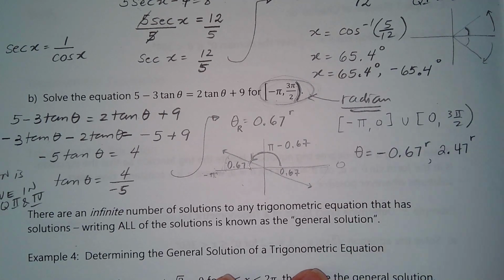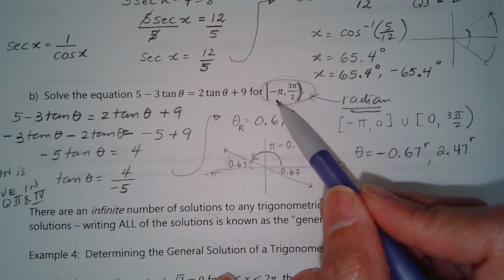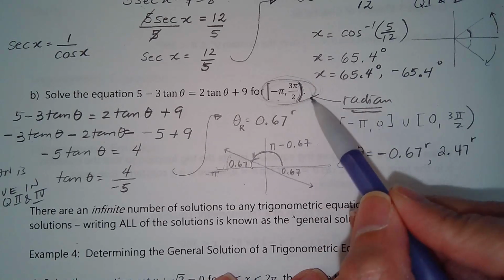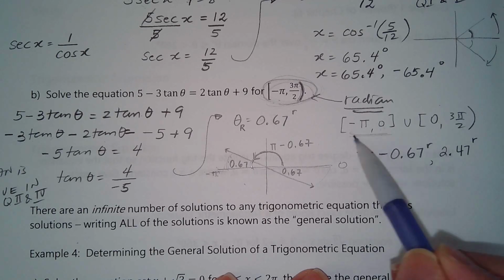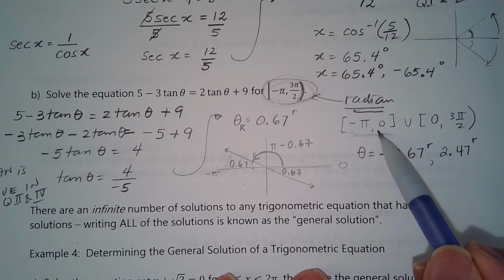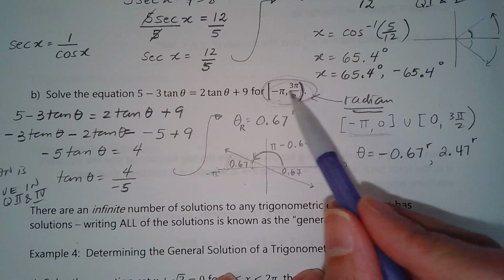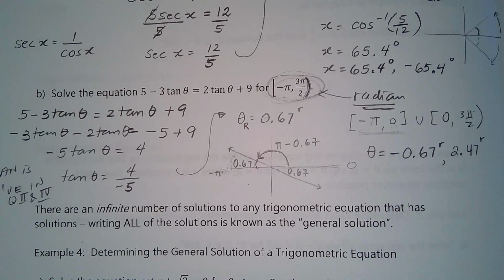That's just what's given. So what I did here is I first figured out any solution for the negative angles here, and then I went from 0 to 3 pi halves so that I get everything.